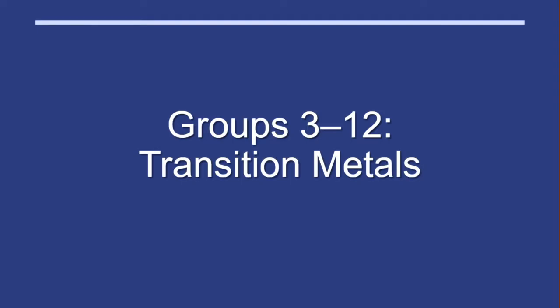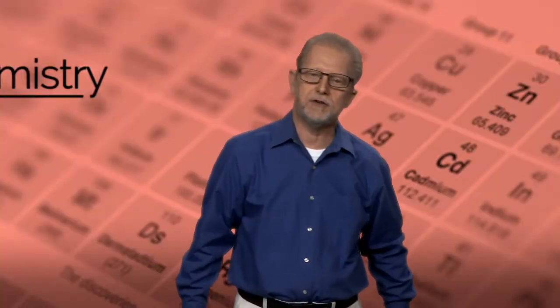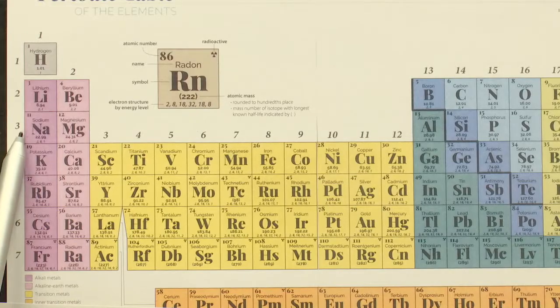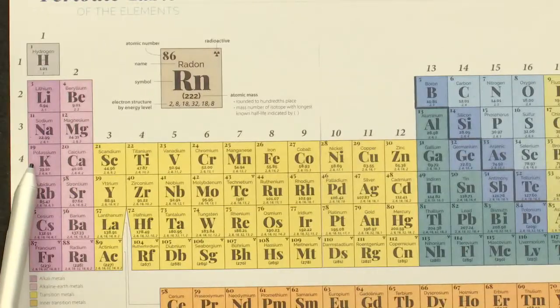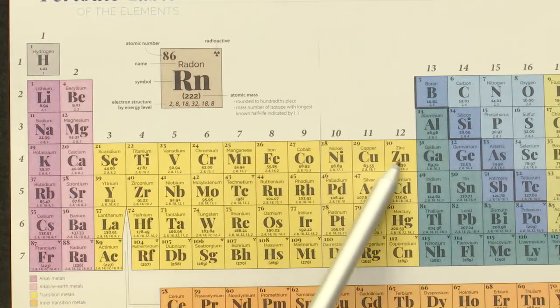Next is the transition metals, the group 3 through 12. All of those, what do you got? 40 that are in there. 4 sets of D sublevels. That's what they mean by transition. Okay, let's look at the periodic table. We've got 3s2, 3p6, 4s2, now we go back into the 3d.